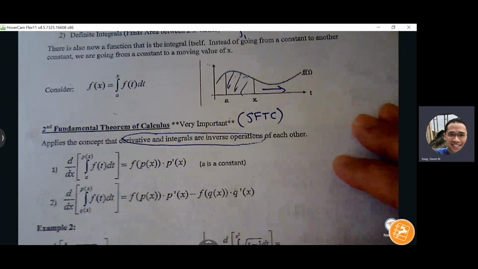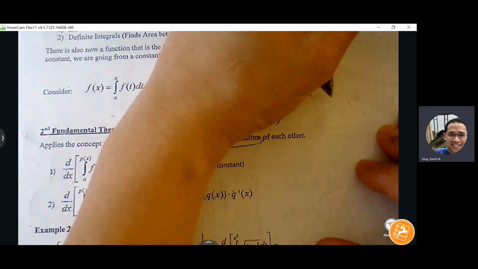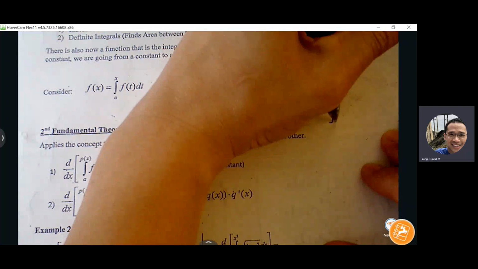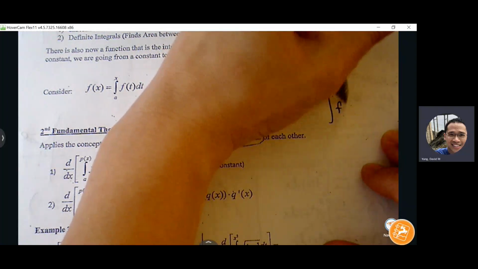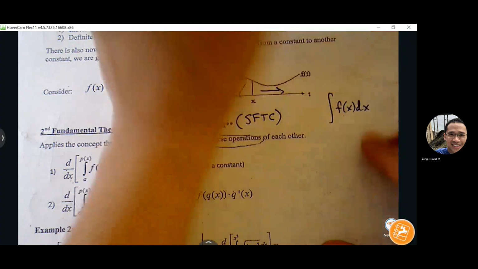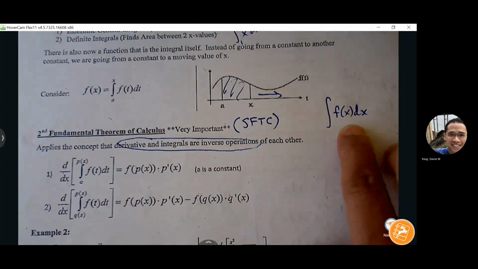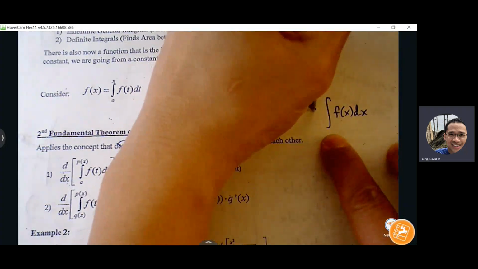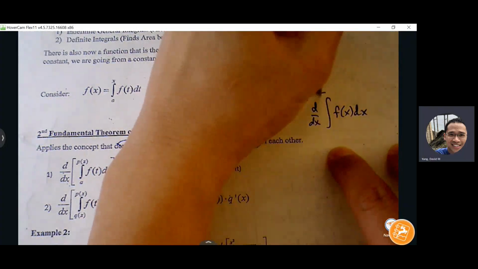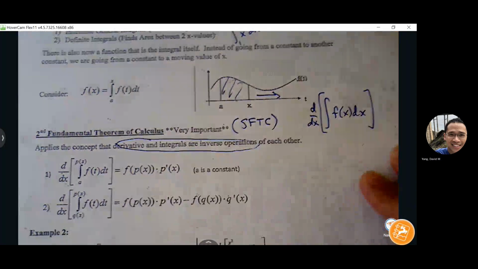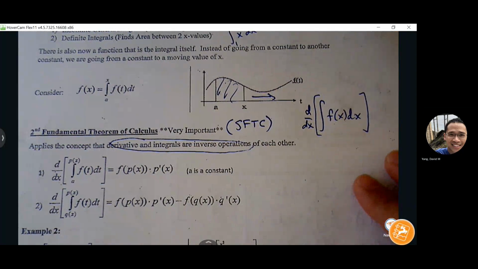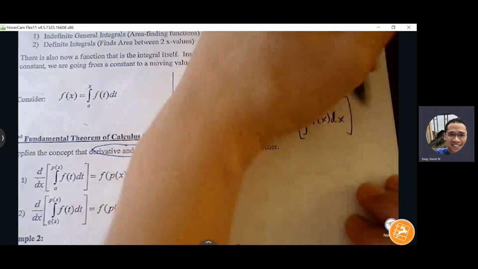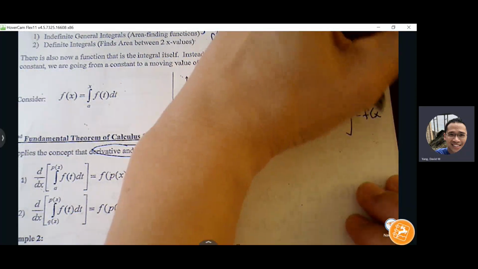So big picture here first. The big picture here is, let's say I asked you to find the integral of f of x dx. And then after that, I asked you to take the derivative of that. What do you think I'm going to end up with? Good. That's the big idea here, right?